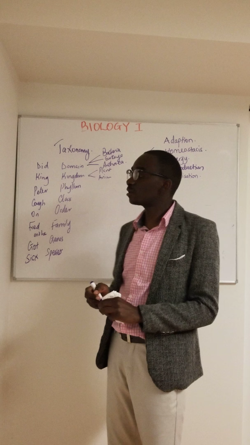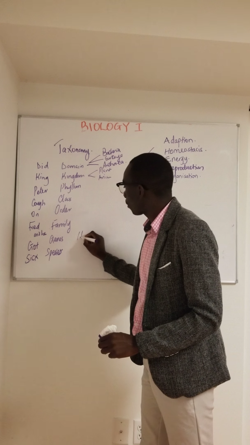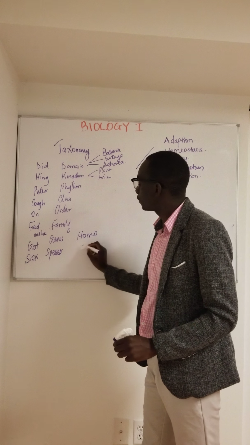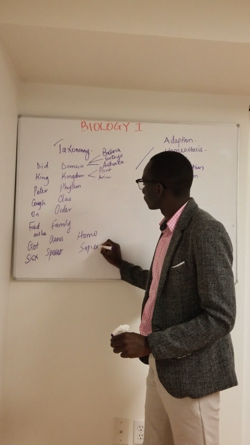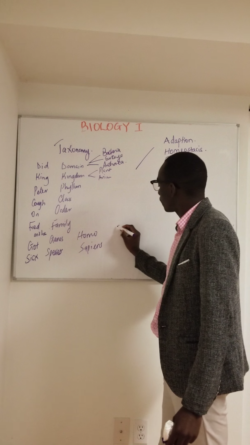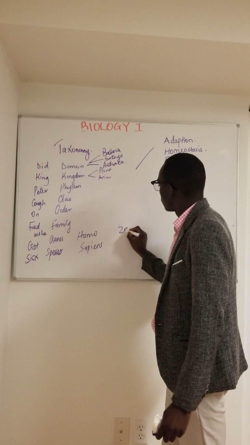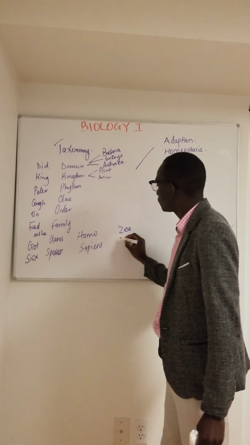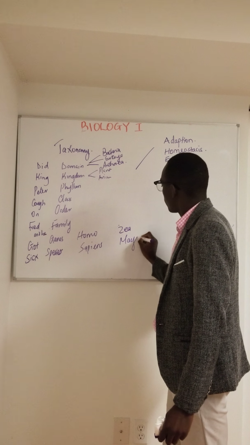Like for example, for a human being, the genus is Homo, then the species is sapiens. Then for corn, the genus is Zea, and then the species is mays.